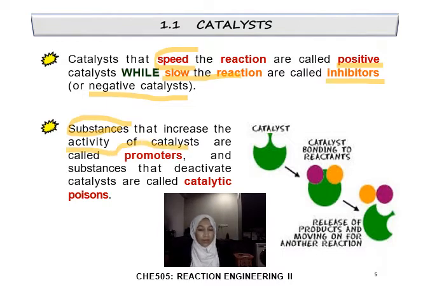Let's say the catalyst already speeds up one reaction, but if we combine the catalyst with another substance and the activity of the catalyst is further accelerated, we call that substance a promoter. But if there is a substance that deactivates the catalyst, we call that a catalyst poison.